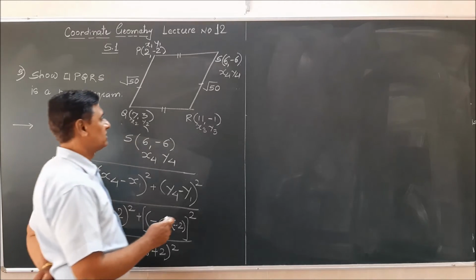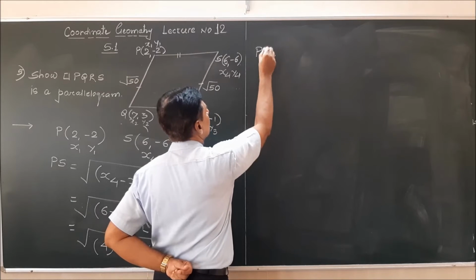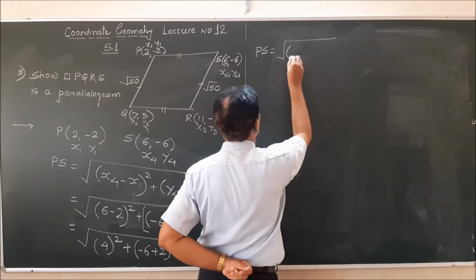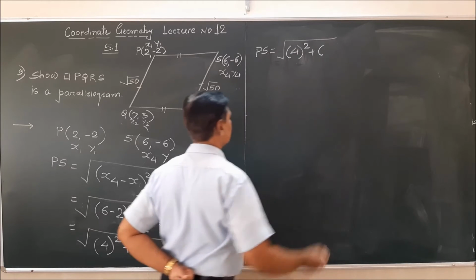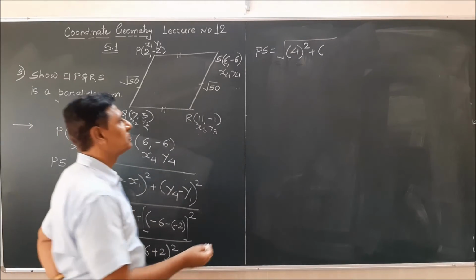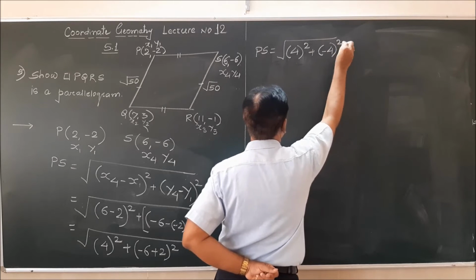So here we will get PS is equal to root of 4 square plus, here you will find minus 6 plus 2 is minus 4. Minus 4 the whole square.